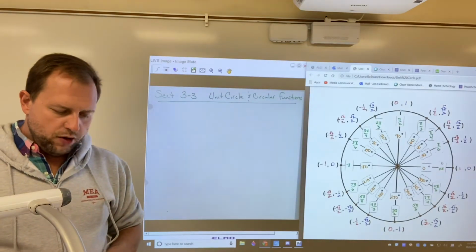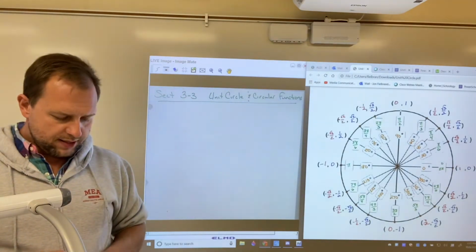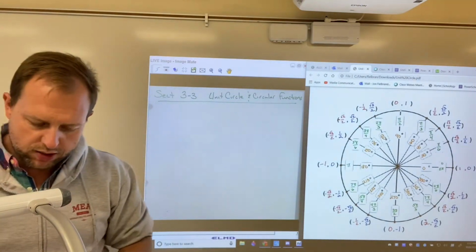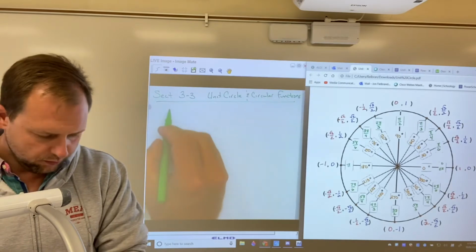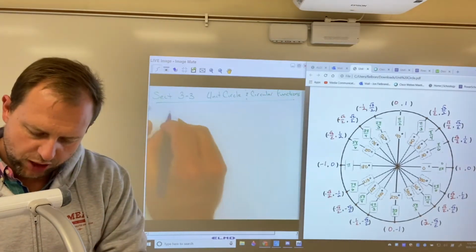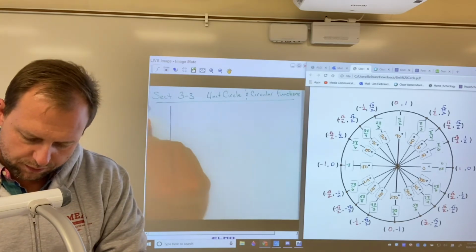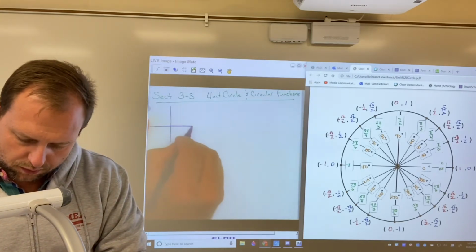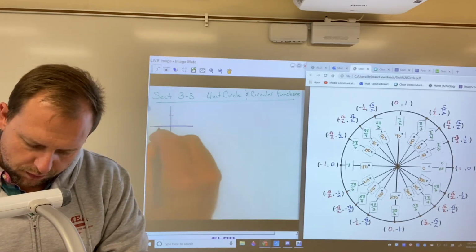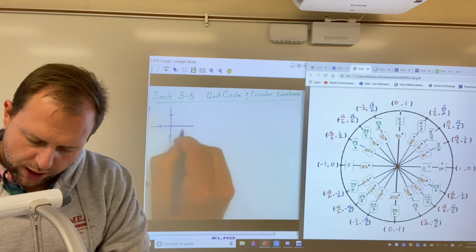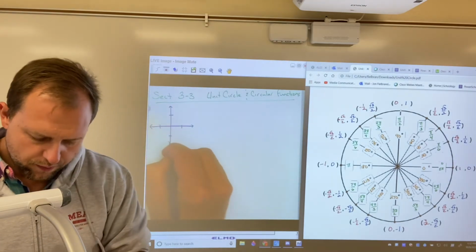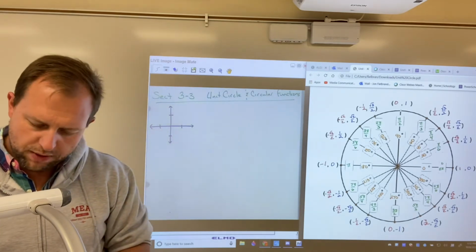So we have our unit circle, and we've already discussed that when we have a piece of a triangle within the unit circle, I'm just going to put a little sketch here. And go 1 unit out. I'm going to draw in my unit circle.